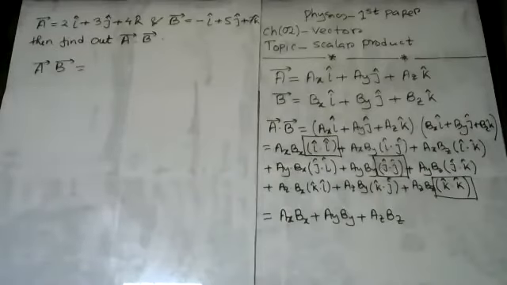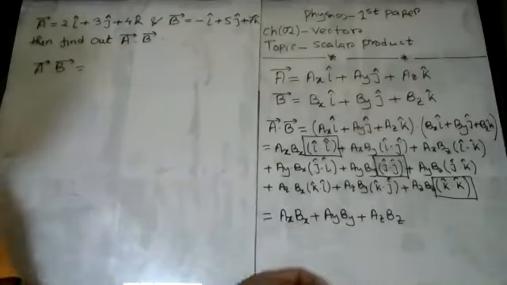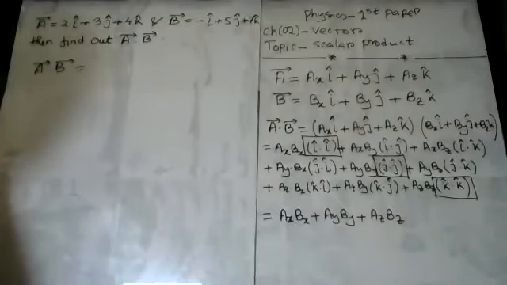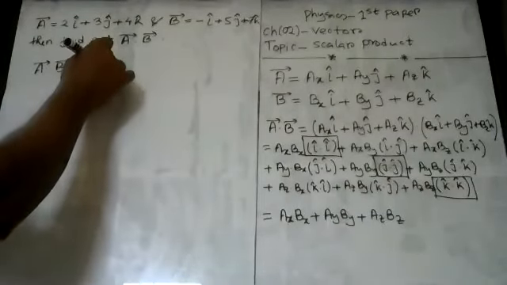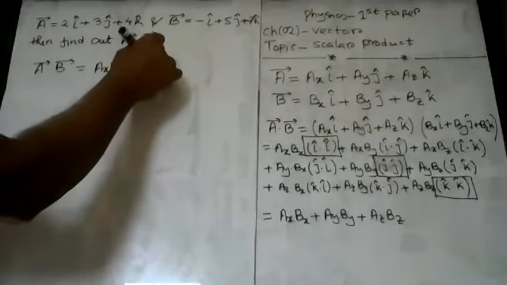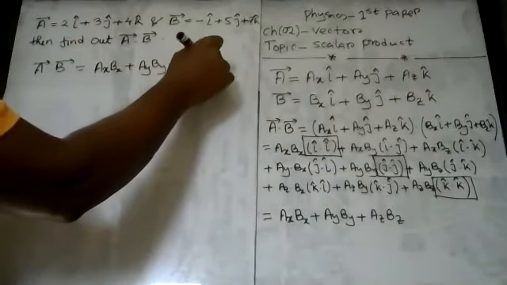The general formula is ax bx plus ay by plus az bz. Now if we apply this general formula, this is ax bx plus ay by plus az bz.